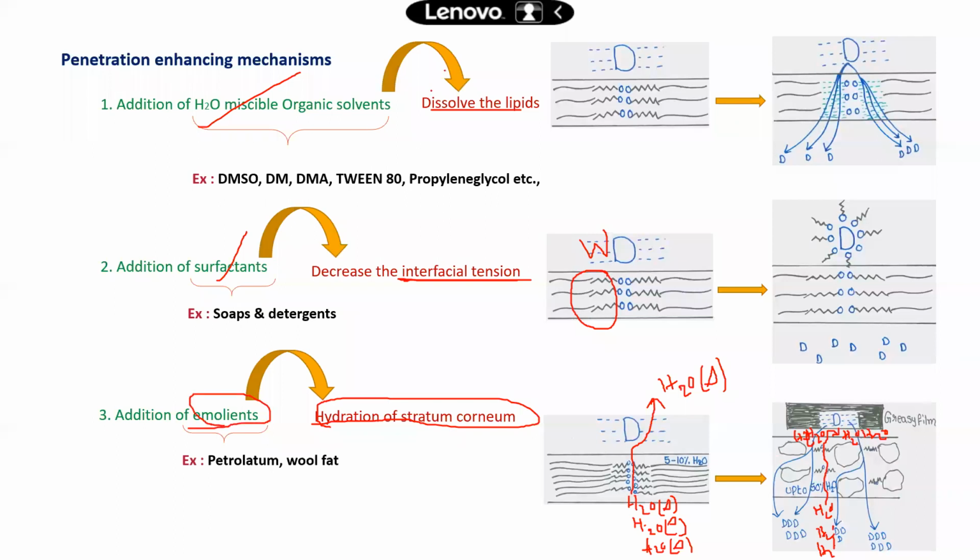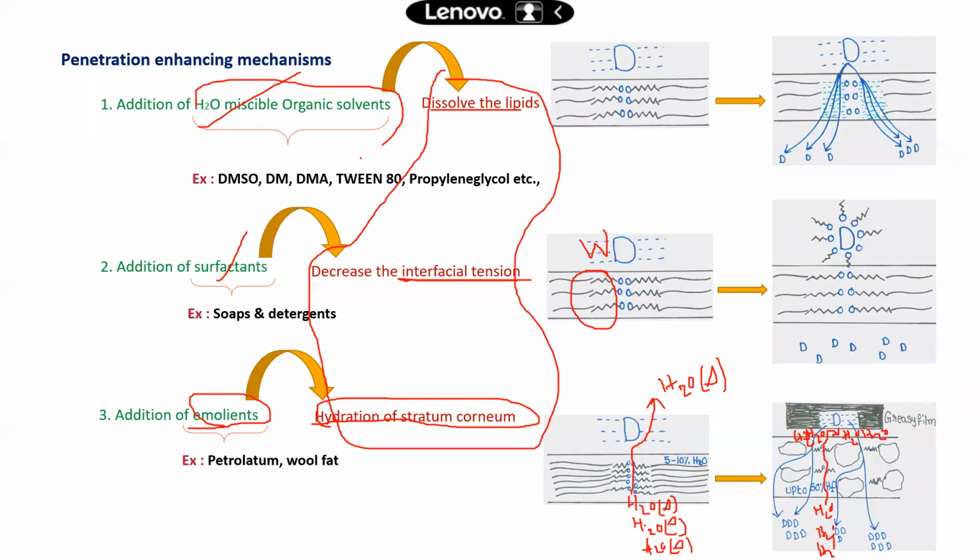So these three are called penetration enhancing mechanisms, whereas these three are called penetration enhancing agents, or simply penetration enhancers. In NIPER 2008 they asked which one of the following is a skin accelerant.